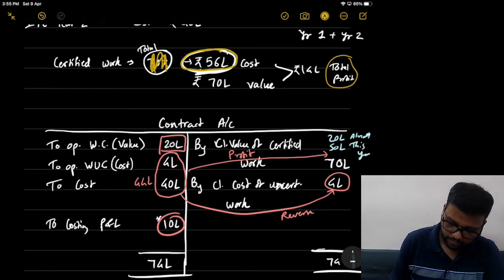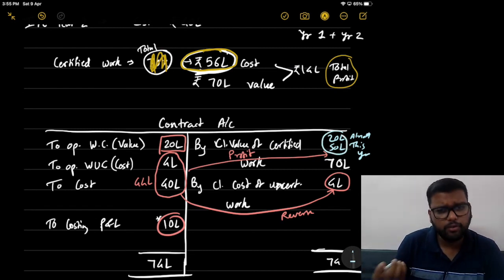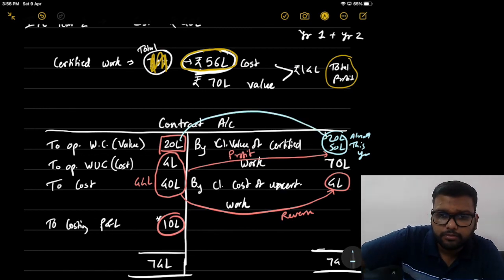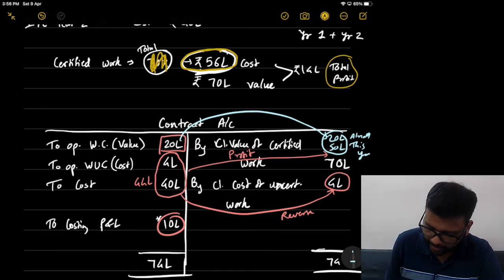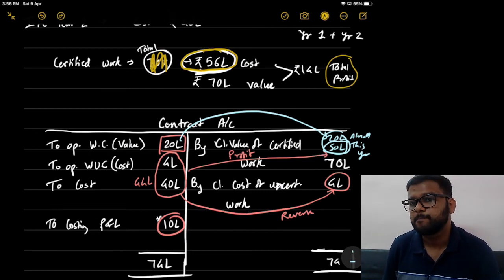Whatever was already certified, we have already recorded the profit, so we just reversed it, correct? And whatever was certified in this year, 50 lakhs, we recorded profit on that 20%, which is 10 lakhs. Check. Yes, sir, I got it.